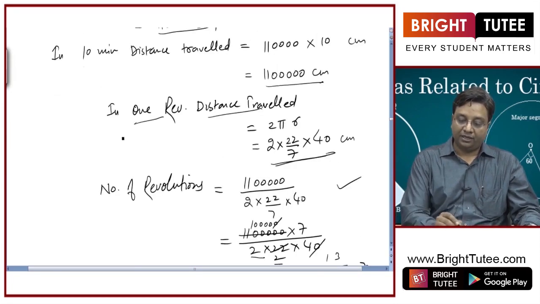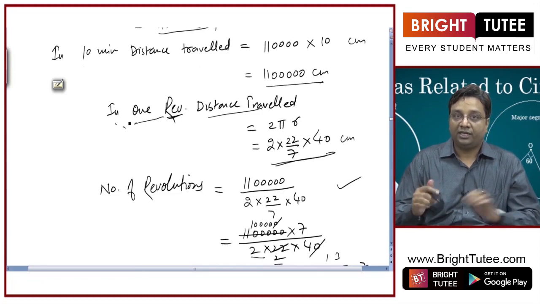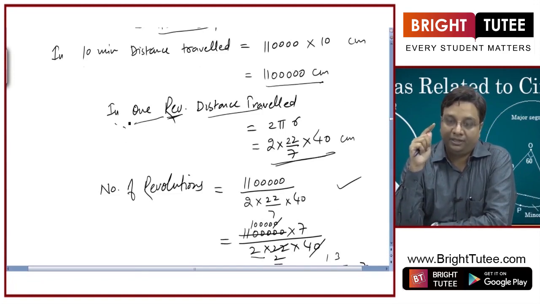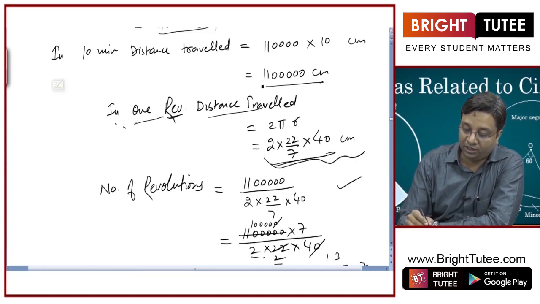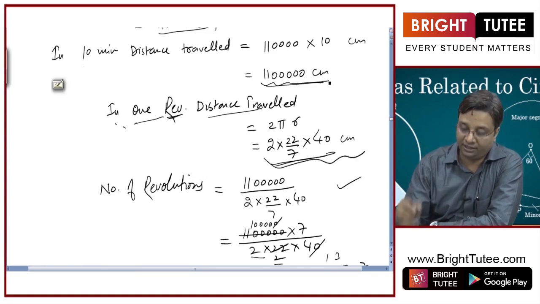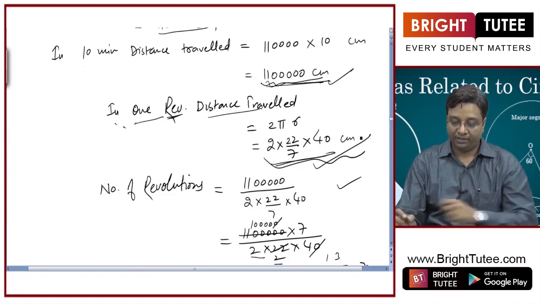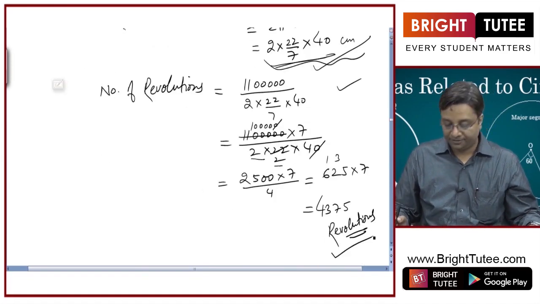How do I calculate the number of revolutions? I know that the distance traveled in one revolution is this much, and I know the total distance that I have in 10 minutes is this much. So if I divide it by this, I'll get the number of revolutions. So this is how I have solved this question. 4375 revolutions.